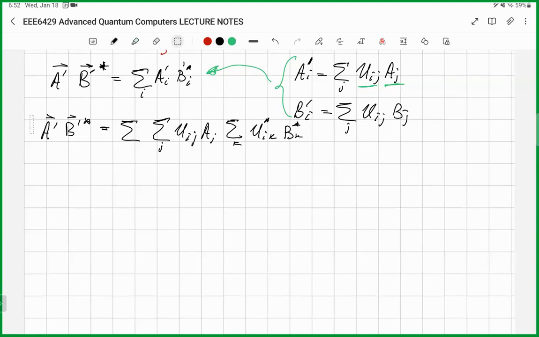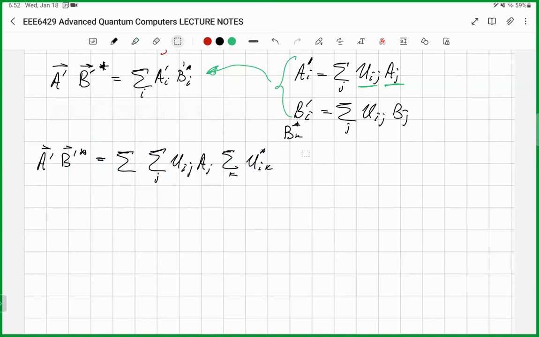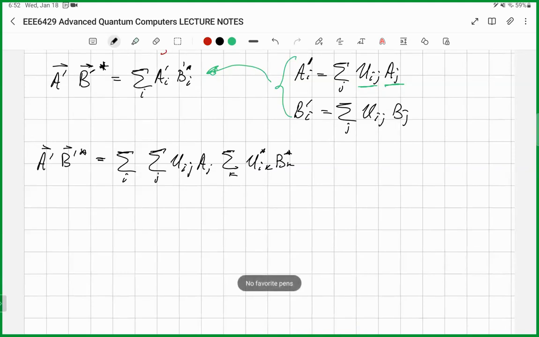Let me replace this here. Yes, and summation over i here as well. Let's denote by a single summation sign all these three, to make it short and accurate.